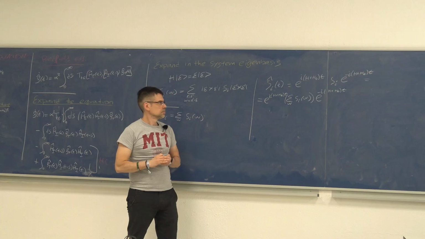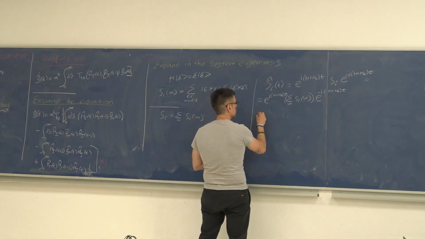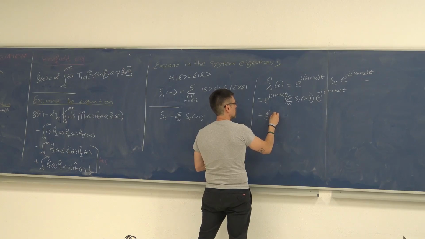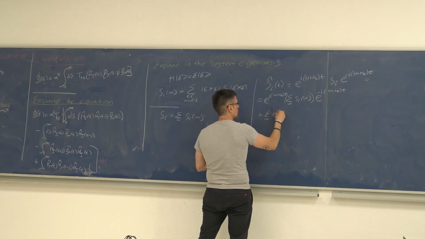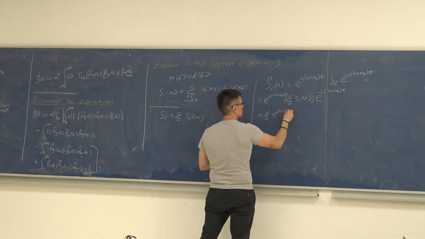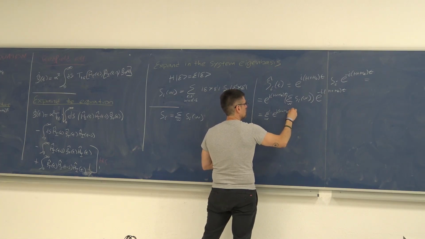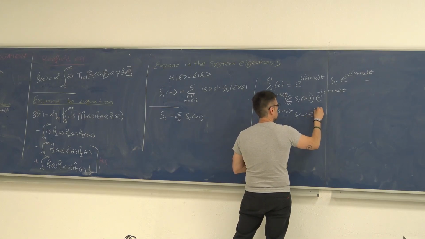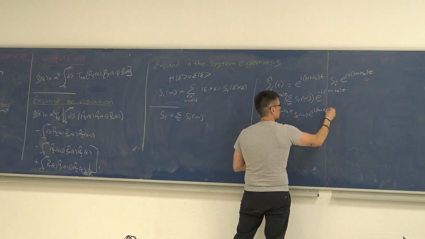Cool? Then I take the summation out, so it will be the sum of exponential of i(H plus H_E)t S(omega) exponential of minus i(H plus H_E)t.